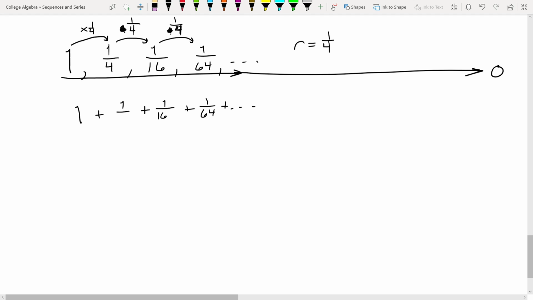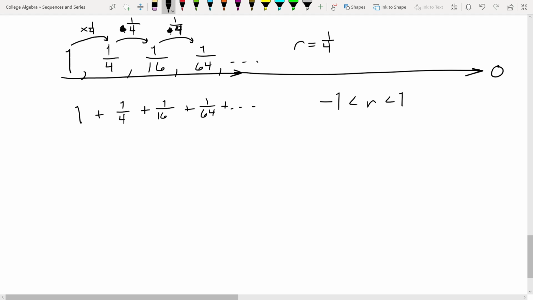And so eventually we get such a small piece, we wonder, does this actually end up adding to infinity? And this does not. As long as we have this rule here, -1 is less than r is less than 1. It's saying r is between -1 and 1. It cannot equal those, but it can be less than 1 and greater than -1. As long as we have that, we can actually find an infinite sum of a geometric series.